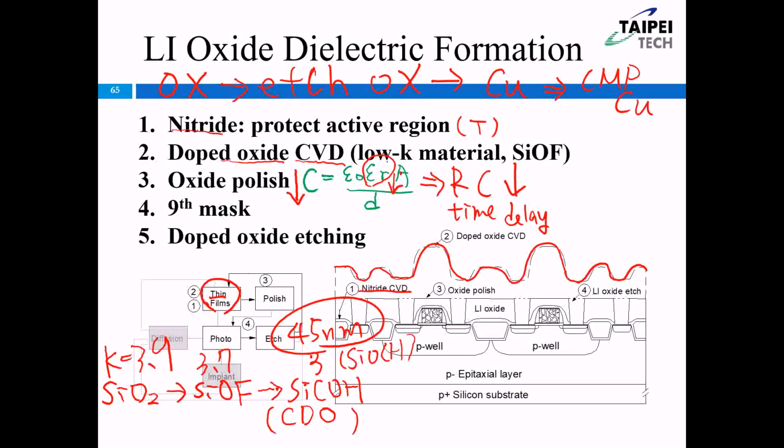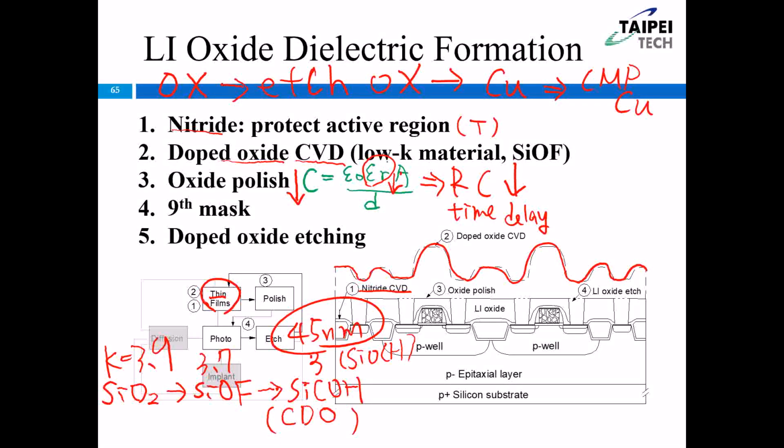I know we can use the CH3 bond to replace one oxygen, so it's easier for me to memorize. But if you want to write an accurate equation, it's better to write down SiCOH. It's a carbon doped oxide.